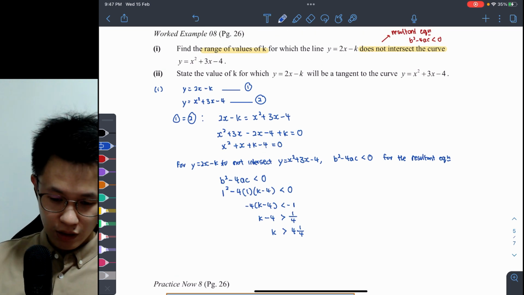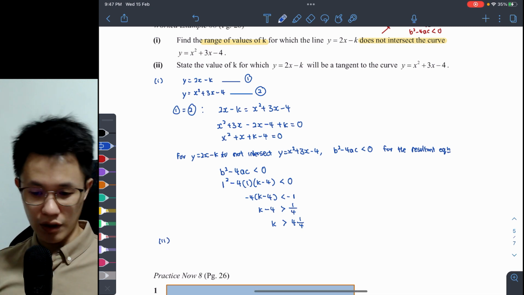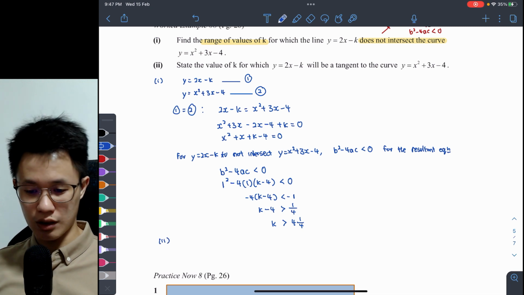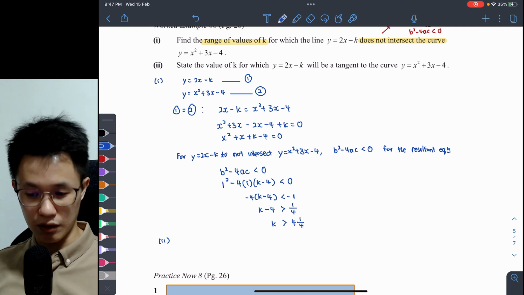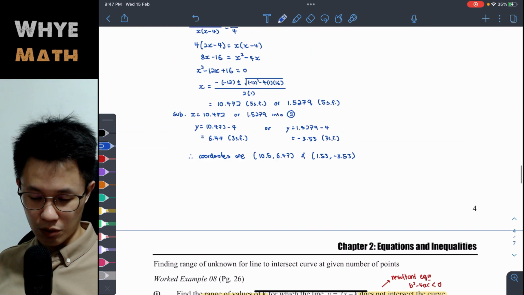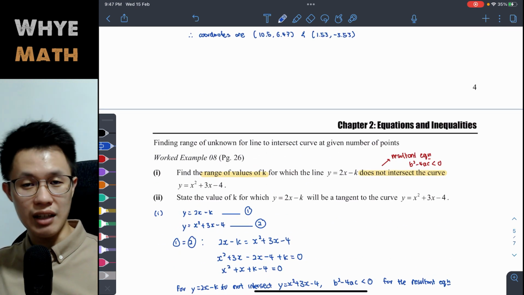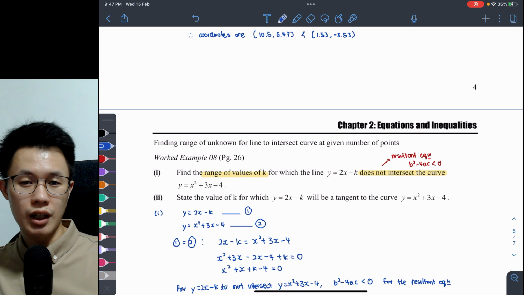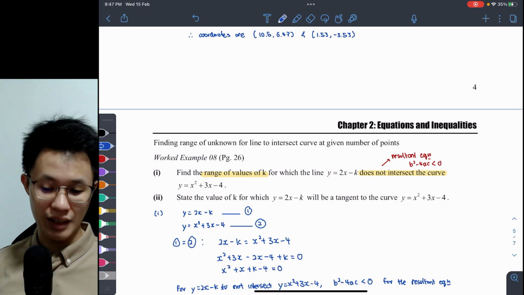Oh, and part 2, you need to state the value of k for which the line y equals 2x minus k will be a tangent to the curve. So what's a tangent? For all quadratic curves, you can draw a line, and if a line meets the curve at one point, you can say that the line is a tangent to the curve at that point.